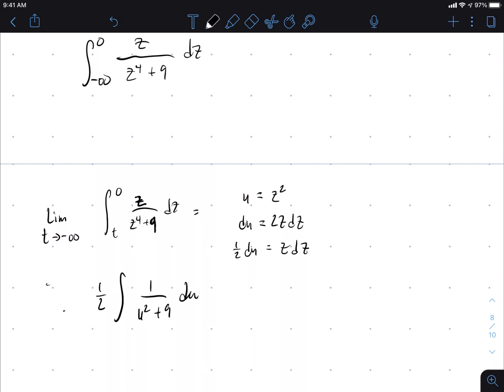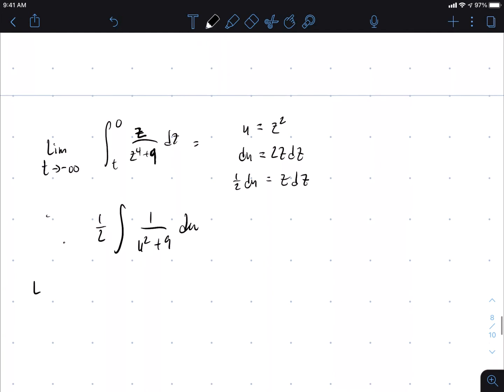Yes. Okay, what does the integral of 1 over u squared plus 9 look like? Tan inverse, exactly.